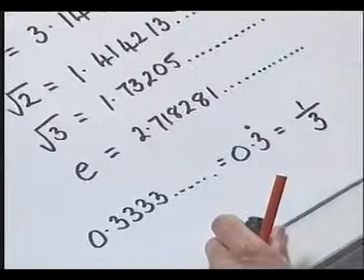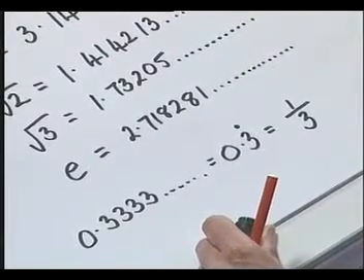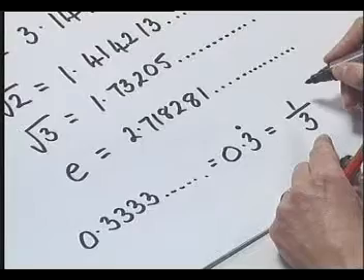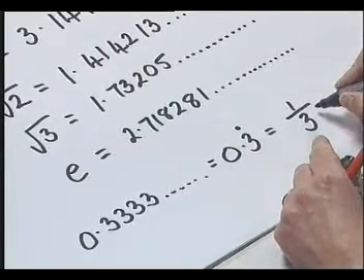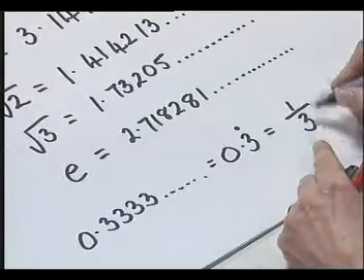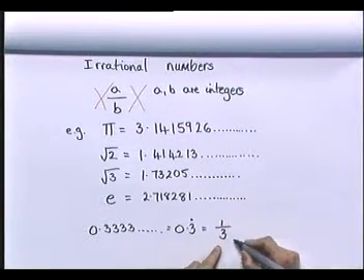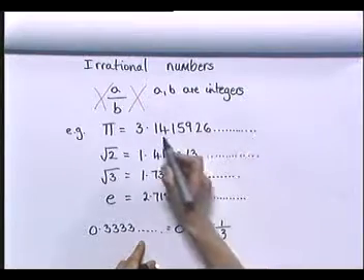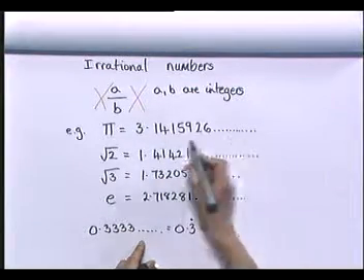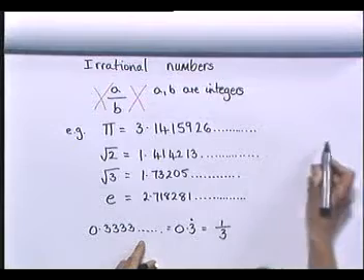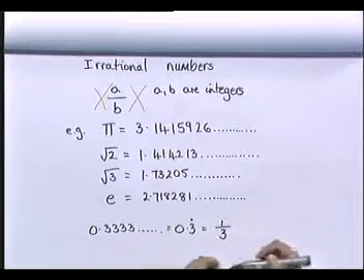In fraction form is a third. So it very much can, and in fact more accurately, be written as a fraction a over b, where a and b are integers. So recurring decimals are rational numbers, and it's these sorts of numbers where the digits don't recur in any pattern and they go on forever that are irrational numbers.